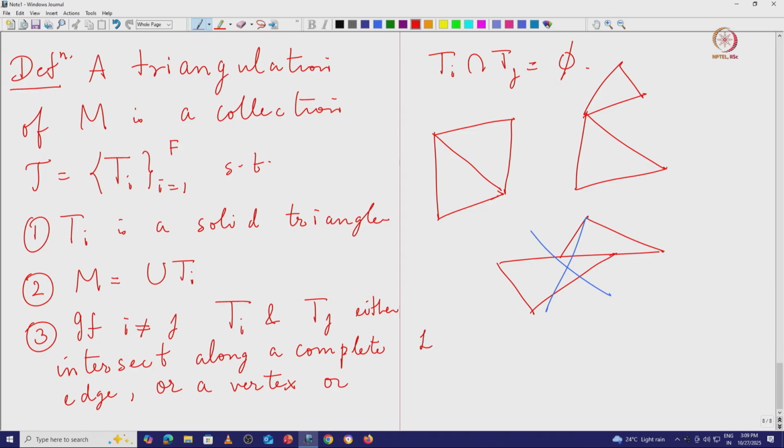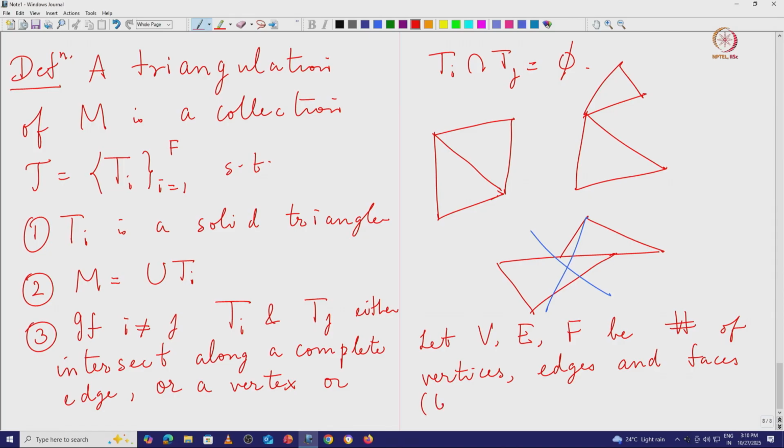So let V, E and F be the number of vertices, edges and faces respectively. So, the number of faces is just the number of triangles.